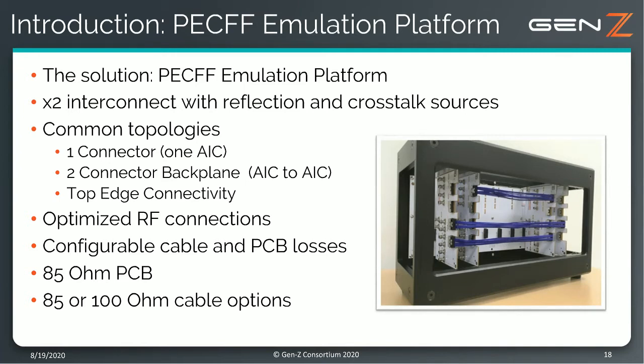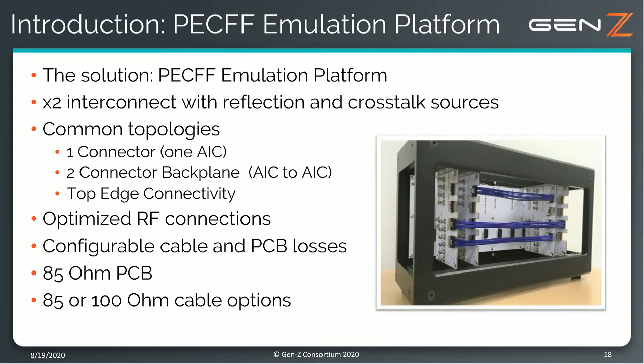Shown here on the right in the photograph, the platform introduces a by two interconnect over multiple topologies. There'll be one connector solutions, two connector backplane solutions going from card to card, and then top edge connectivity, where you have the cable style backplane that goes from one card to another over the cable. To make this work, we use RF connections that have been optimized and impedance controlled.